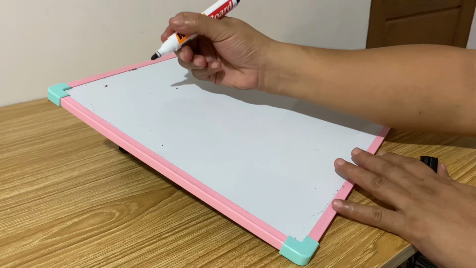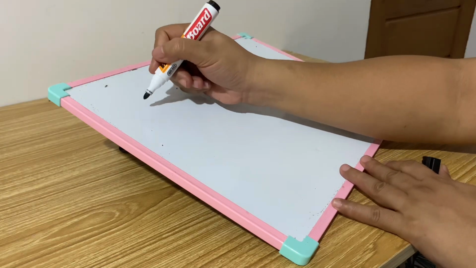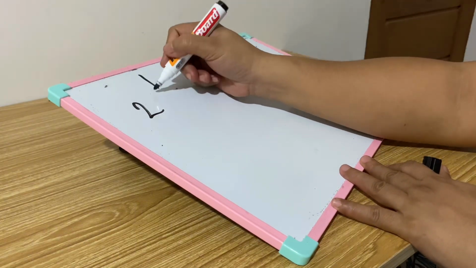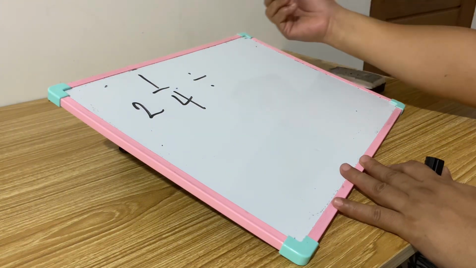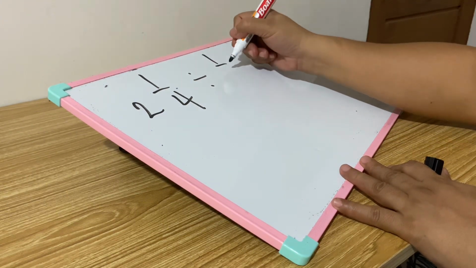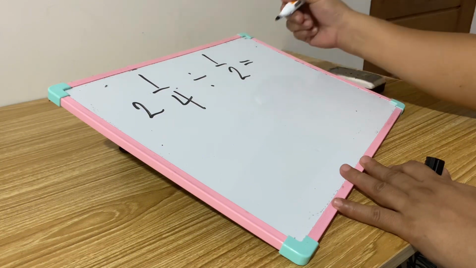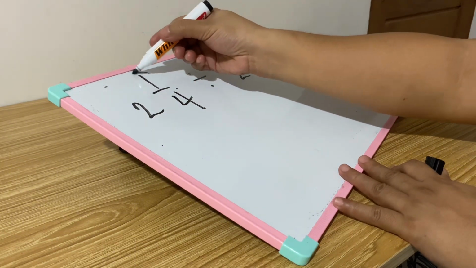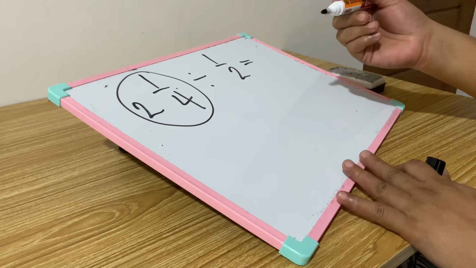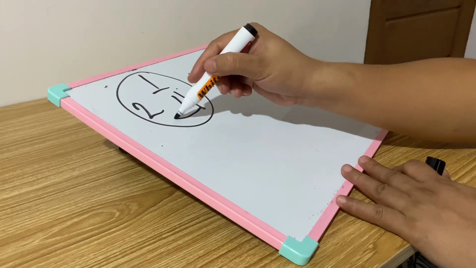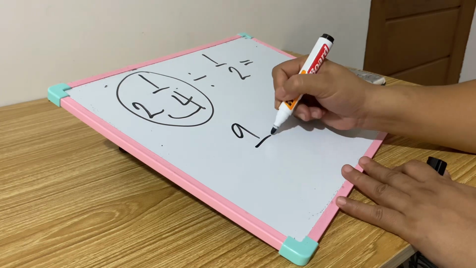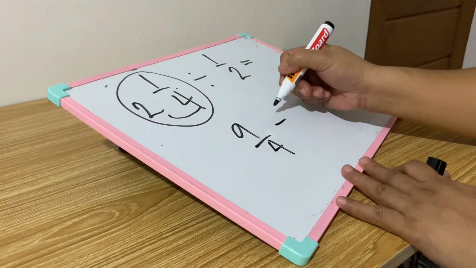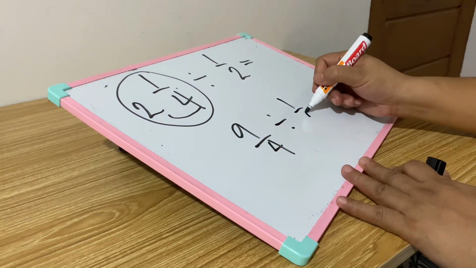Okay? Let us have a mixed number, let's say 2 and 1/4, divided by a simple fraction of 1/2. So again, you change this into an improper fraction. 4 times 2 equals 8 plus 1. That is 9 over 4 divided by 1/2.